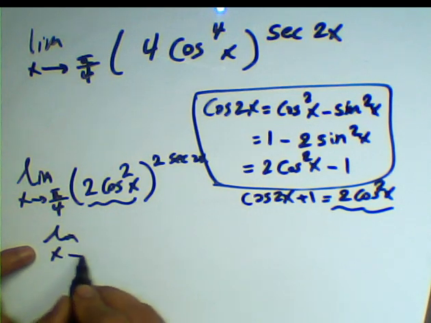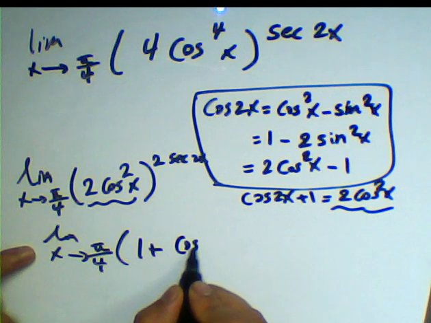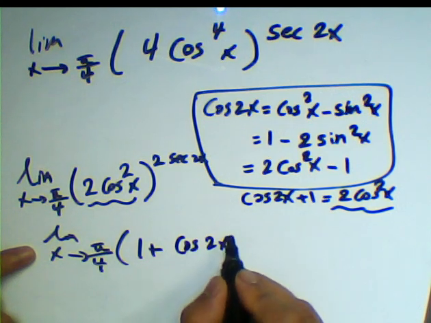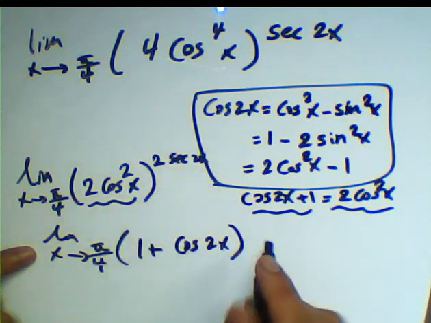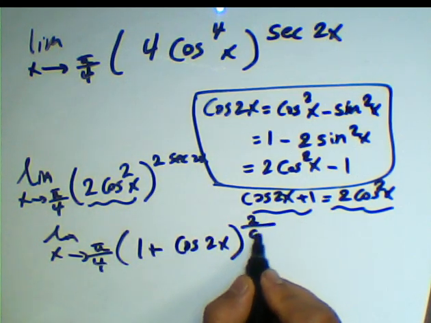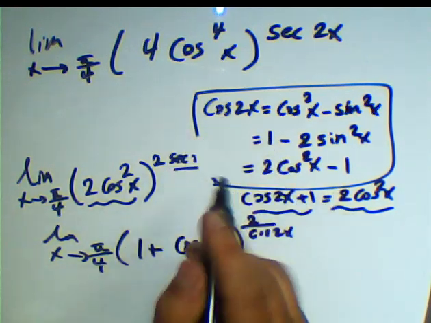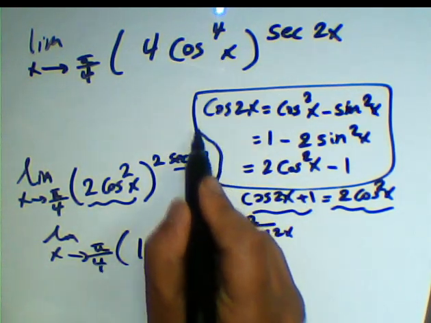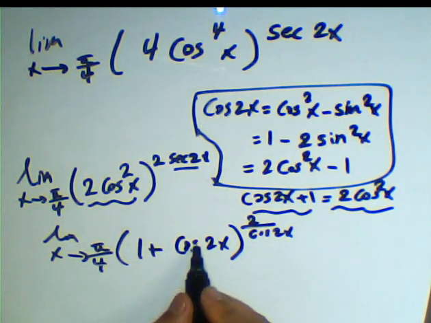Then the limit when x approaches pi over 4 of 1 plus cosine 2x here, and the power will be 2 over cosine 2x, because sec 2x is the inverse of what? Cosine 2x.